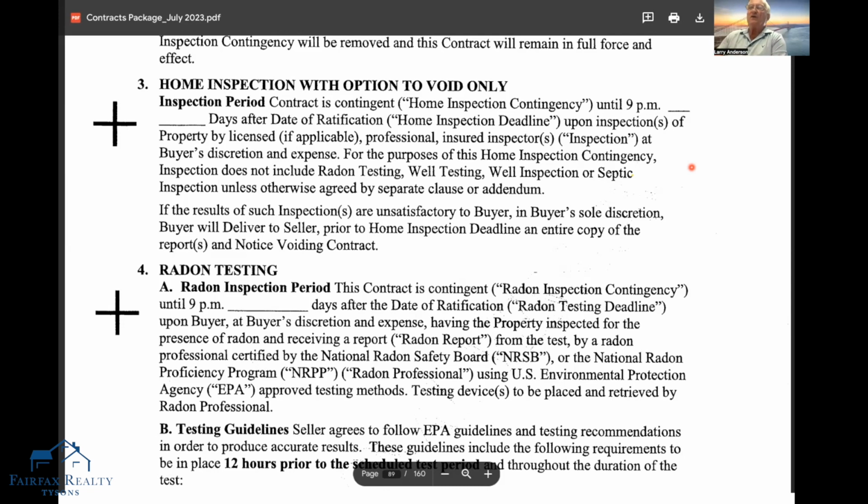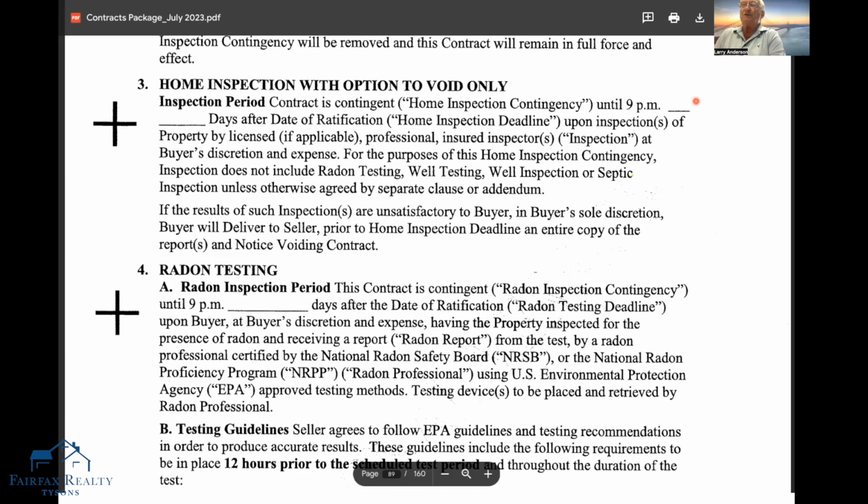Okay, so the flip of this would be, as a seller, since you know it's going to be at least 18 days prior to you receiving the documents for them to get out, 14, 3, and 1 to order, then you might say, yeah, you can do your home inspection with an option to void on the 21st day through settlement.